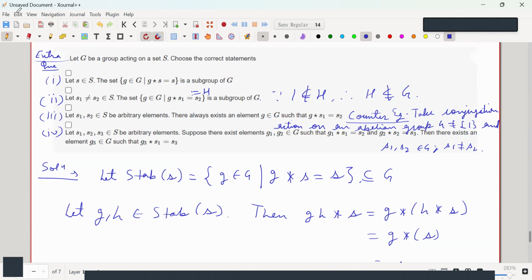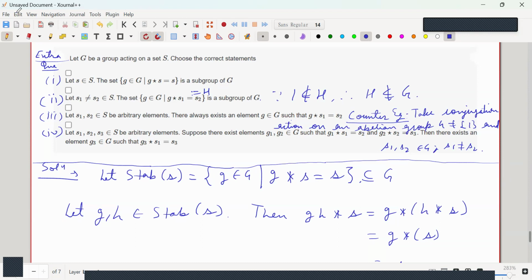Okay, sir. What about the fourth one? Fourth one is true. Why? So g1 times s1 is s2. So g2 times s2 can be written as g2 times g1 times s1.